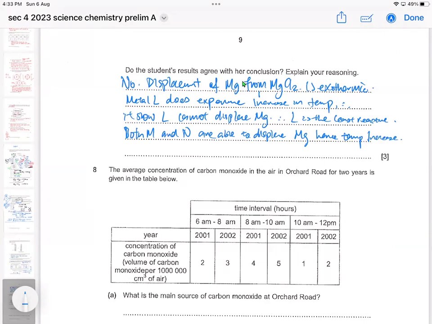Then I'll say that N is actually more reactive than M. N is more reactive because the displacement actually produces more heat for metal N. So therefore, I'll say in this case, the order shown by the conclusion is not correct.